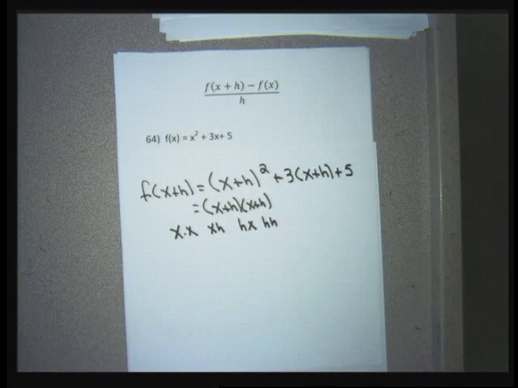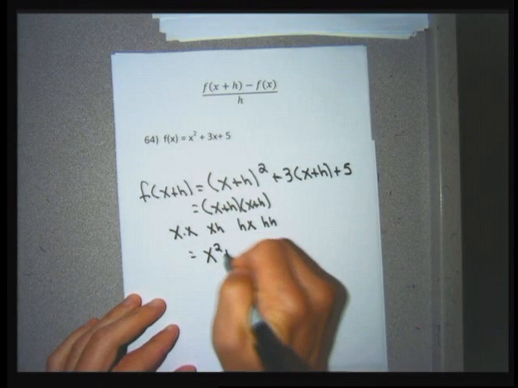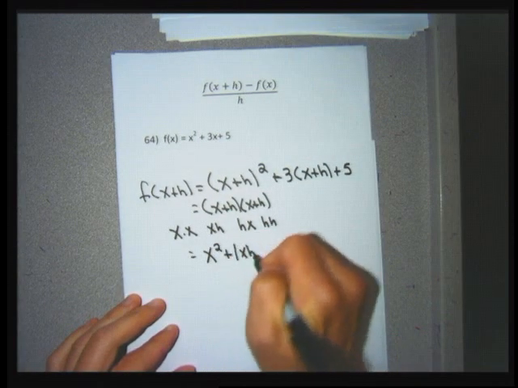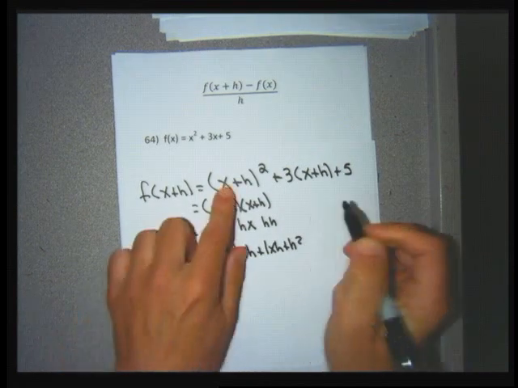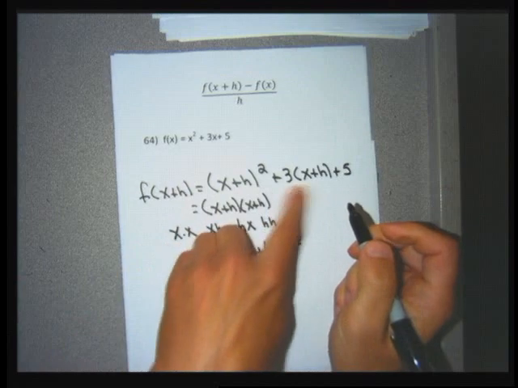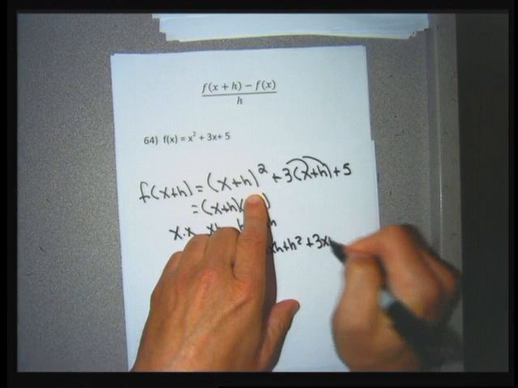So to find out what to replace the f of x plus h with in the numerator, I'm doing some side work. I'm going to get x squared plus 1xh plus 1xh plus h squared for that part. For this part right here, I'm going to go 3 times x and 3 times h and get plus 3x plus 3h.